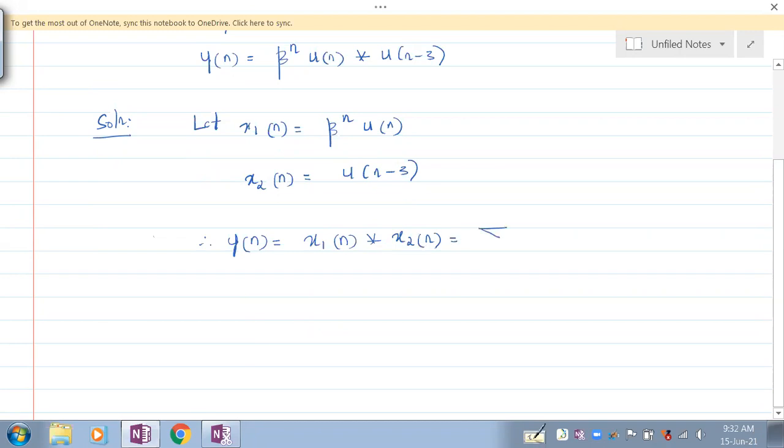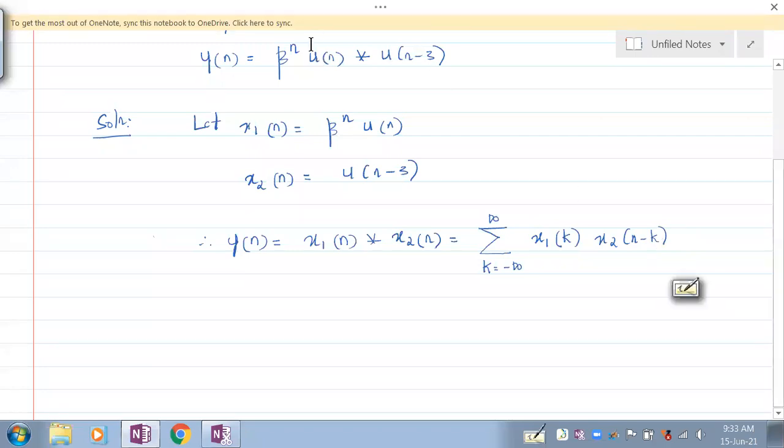And this is given as summation k ranging from minus infinity to infinity x1 of k. The first signal x1 of n should become x1 of k, and the second signal should become x2 of n minus k. So this is the equation.